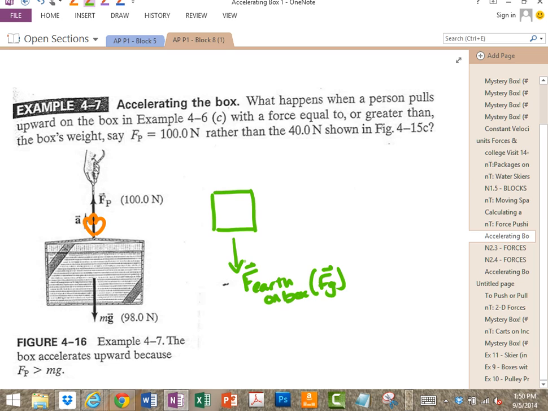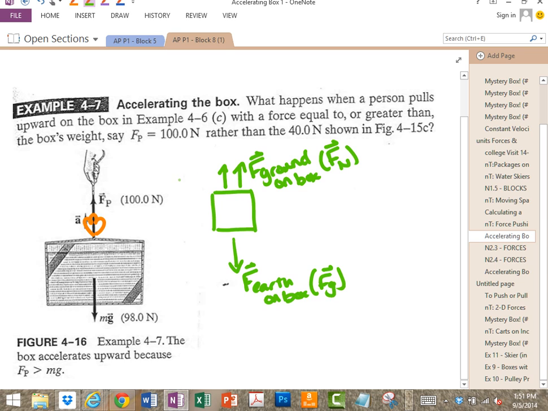The force on the box. Like a normal force, is that what you mean? Okay. Any other forces acting on the box? There's an applied force, right? The force of your friend or a person. I guess I don't know. We don't know if it's a friend or an enemy.